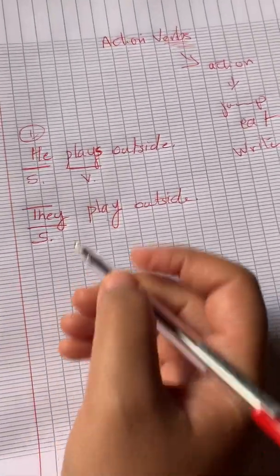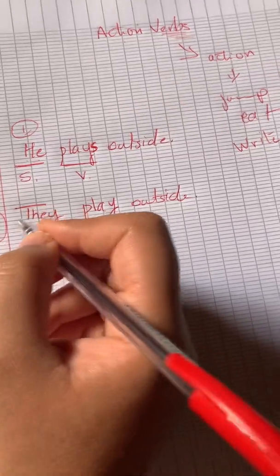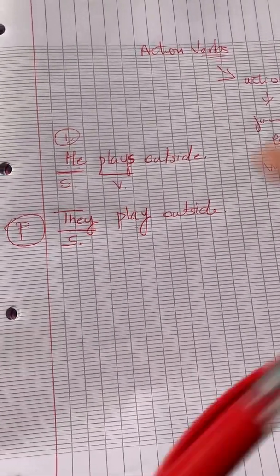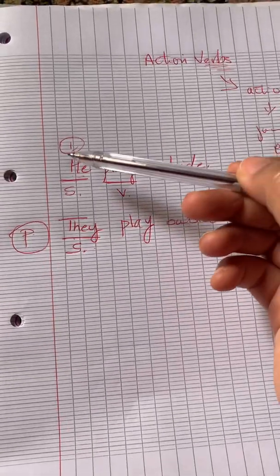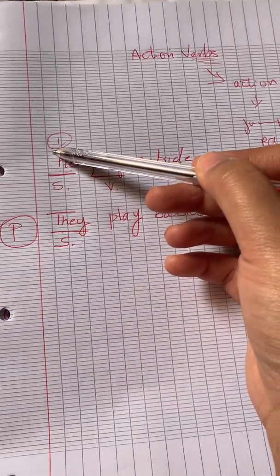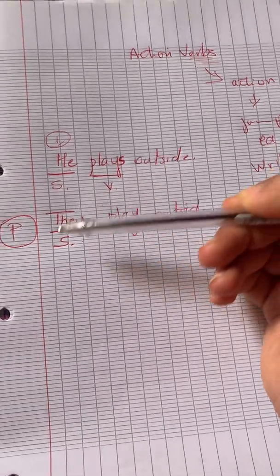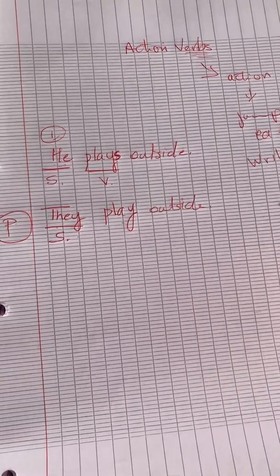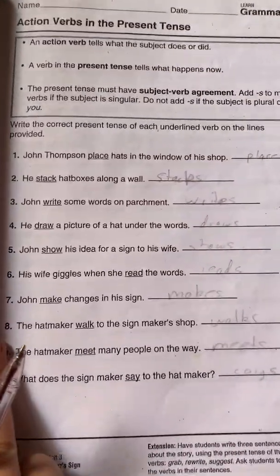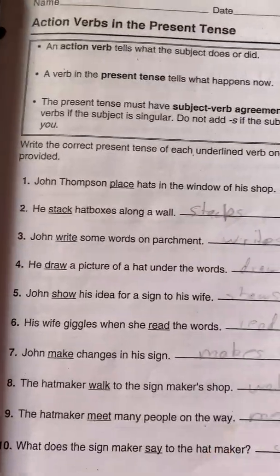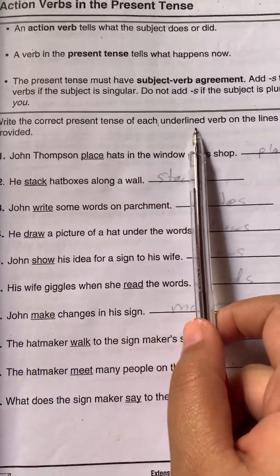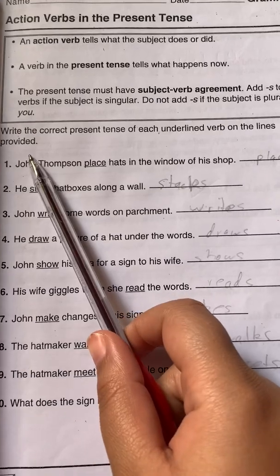Because the subject is plural, is more than one. Okay, so this is the equation. If the subject is singular, you add s. If the subject is plural, you don't add s. Clear? We have here an exercise. Let's do it together. Write the correct present tense of each underlined verb on the lines provided.